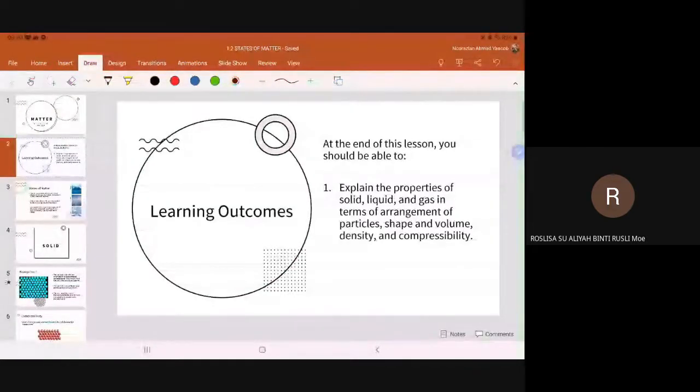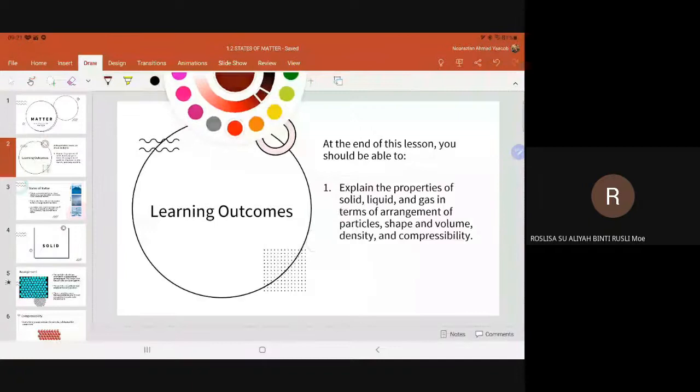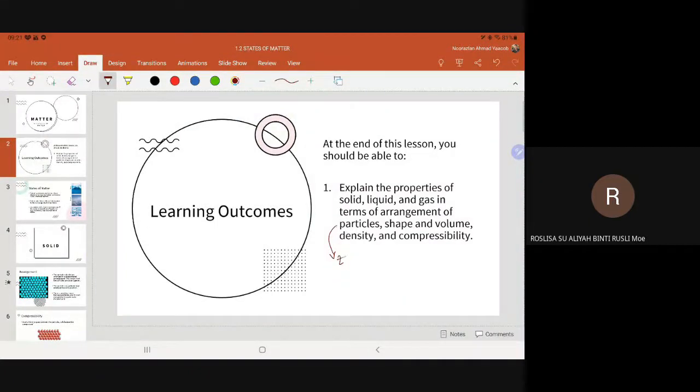Alright, so at the end of this subchapter, you should be able to explain the properties of solid, liquid, and gas in terms of arrangement of particles. Particle is zarah in Malay. Shape and volume, density and compressibility.